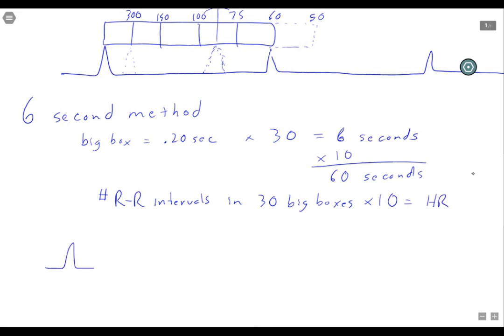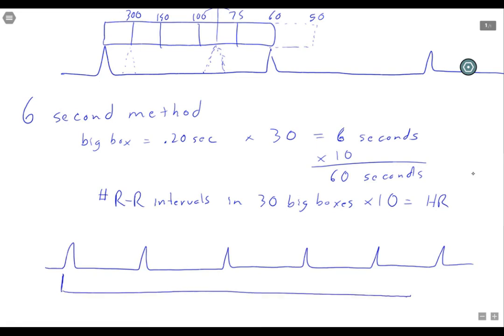So again, let's draw ourselves an ECG with just the R waves. So if a big box started here and we counted 30 big boxes and it ended right here, what we would do is, how many R to R intervals are there? Well, there's 1 R to R interval. There's 2.